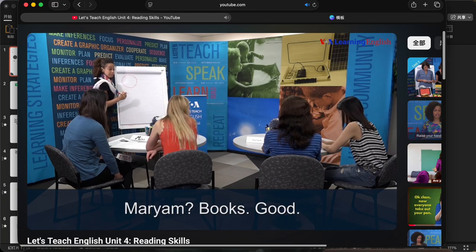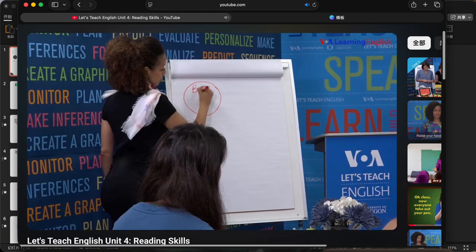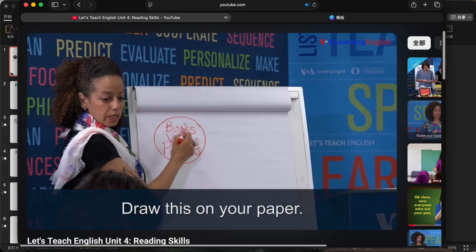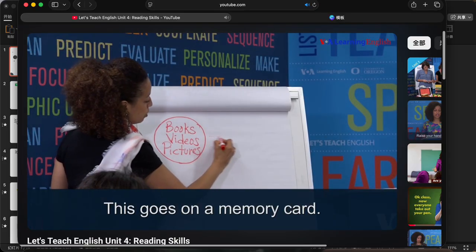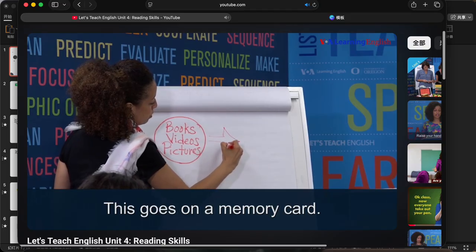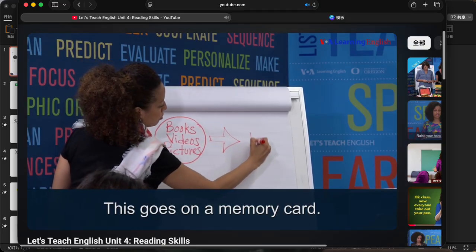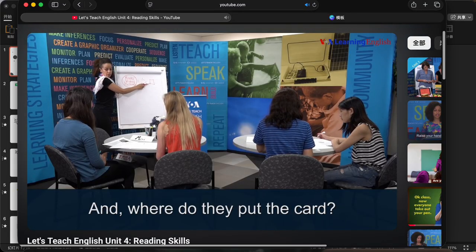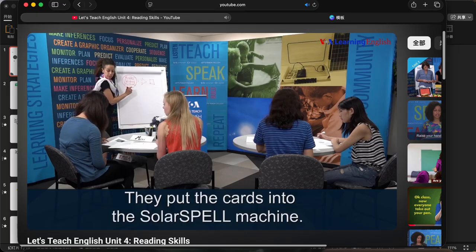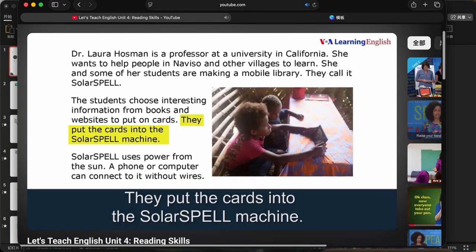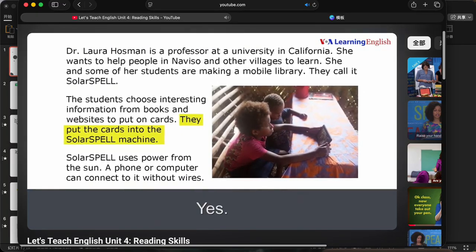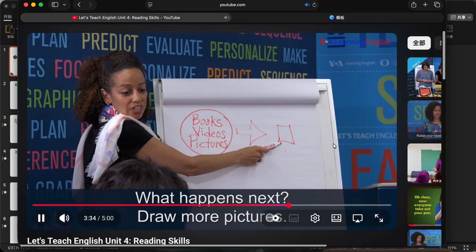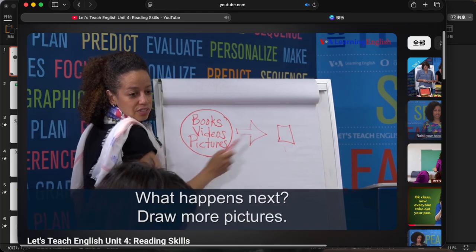Mariam? Books. Good. So let's put that in our picture. Draw this on your paper. This goes on a memory card. And where do they put the card? Mimi. They put the cards into the solar spell machine. Yes. Okay, now in your groups, keep going. What happens next? Draw more pictures.